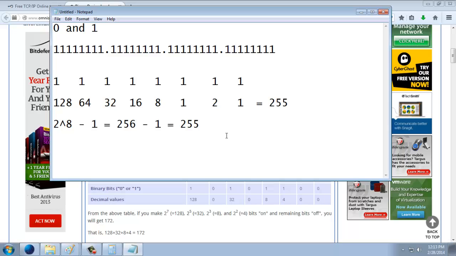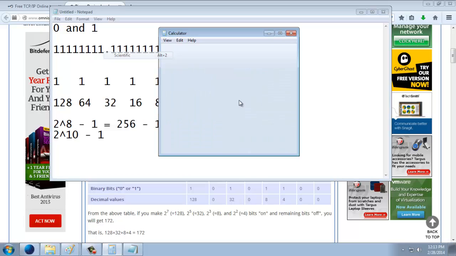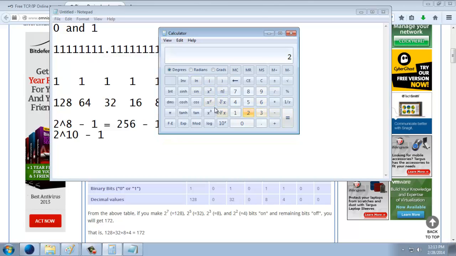So what will be the maximum possible value we can create from a 10-bit binary number? 2 to the power of 10 minus 1, correct? 2 to the power of 10 is 1024, right?